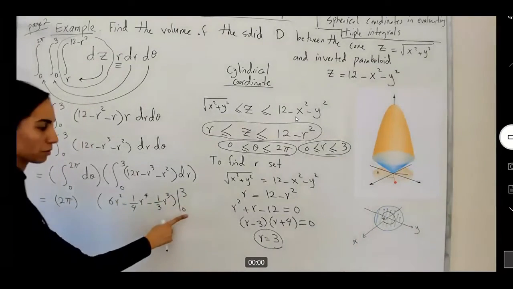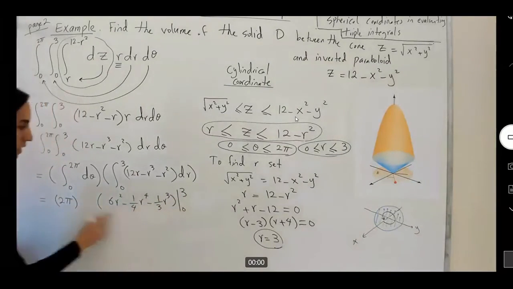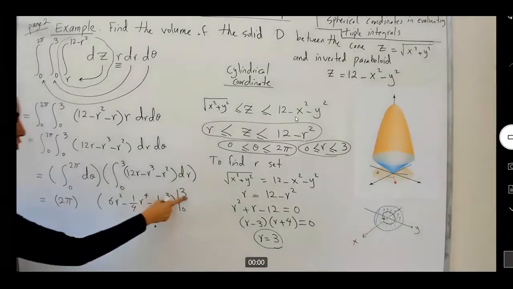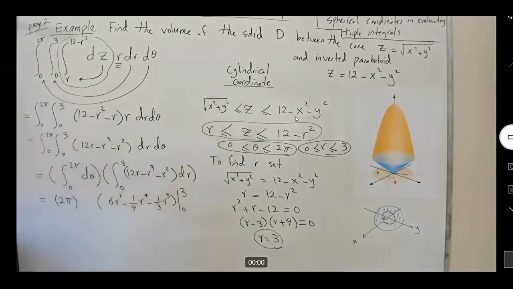I'm not worried about my lower bound 0 because all of these have r in them. So I'm just going to plug in 3.